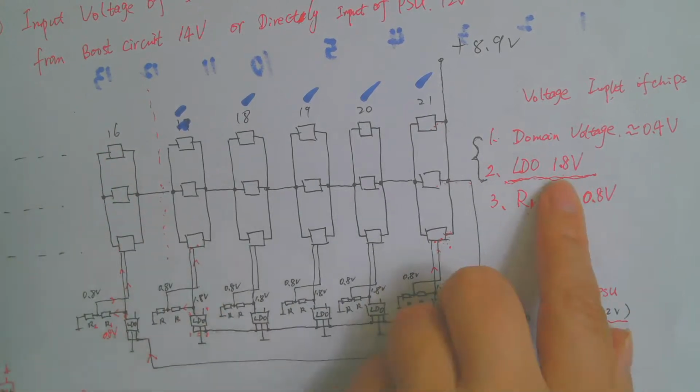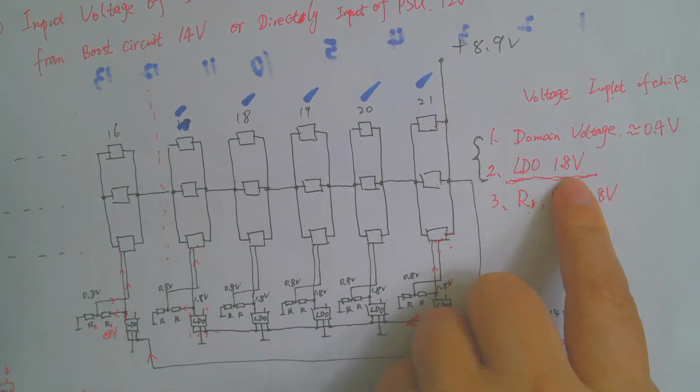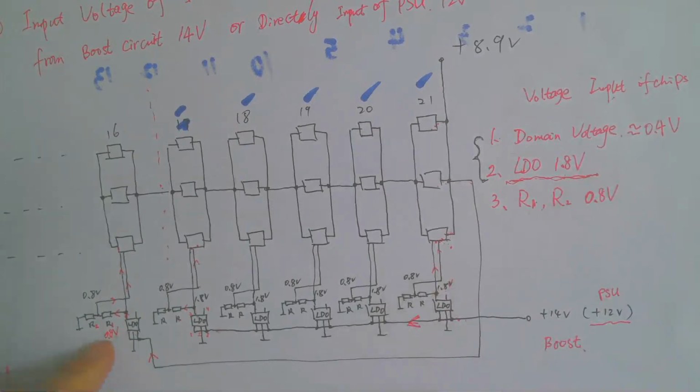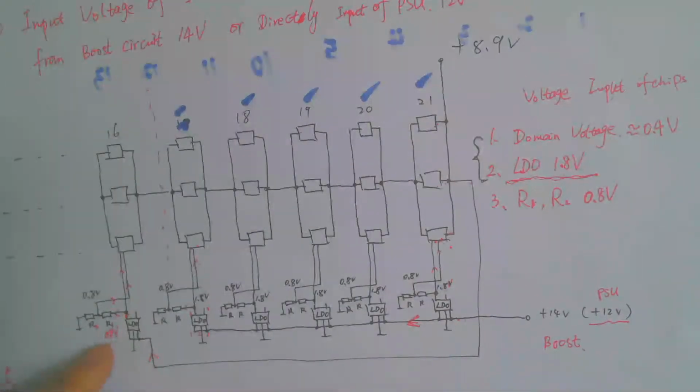So the second input voltage for the chip is the LDO 1.8. And here you can see near the LDO there are two resistors.